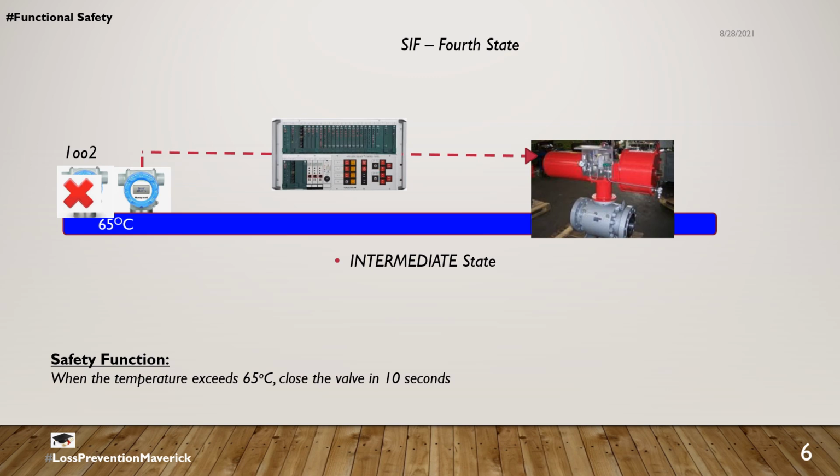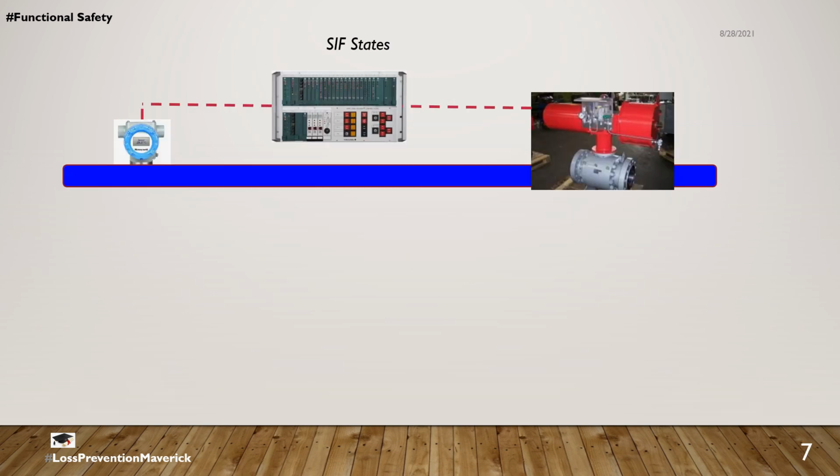However, in this intermediate state, one of the redundant instruments has gone wrong, so it needs to be repaired as soon as possible. So this particular state is called the intermediate state. The four states that we saw: OK state, safe state, dangerous state, and intermediate state.